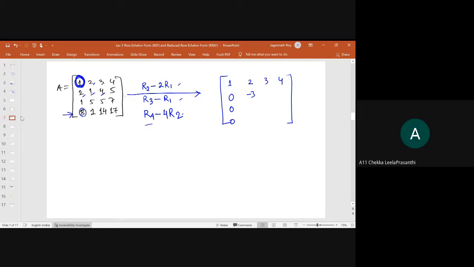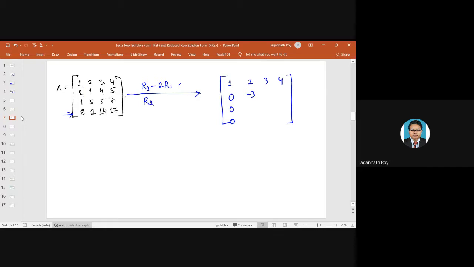Sir, but after doing R2 minus 2 R1, R2 is changed, no? Yes, that will happen. That is why, if you do all the operations in a single step, you may get confused. So 8R1 is the correct one. That is why we have to do everything in terms of R1.